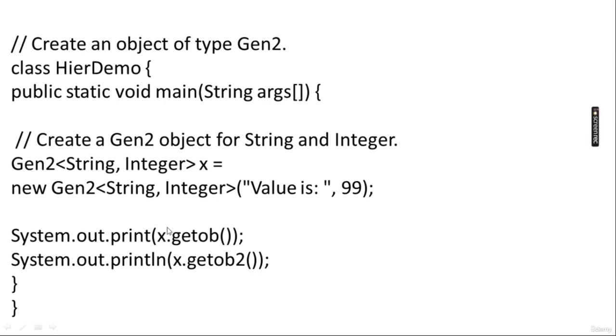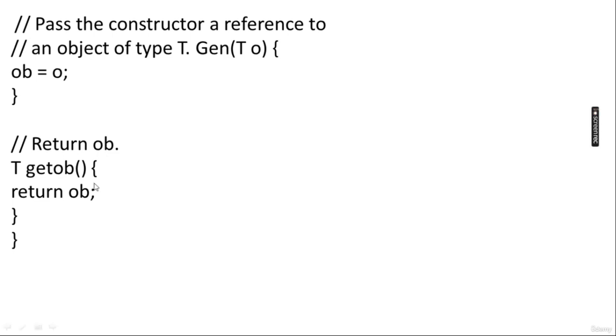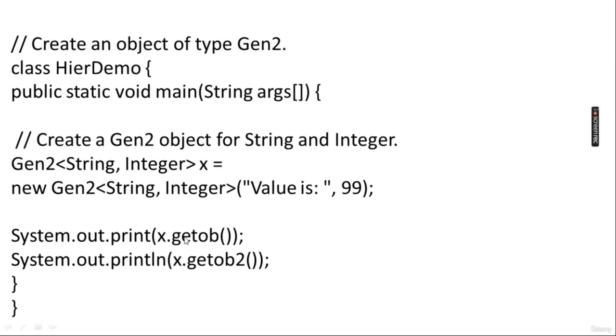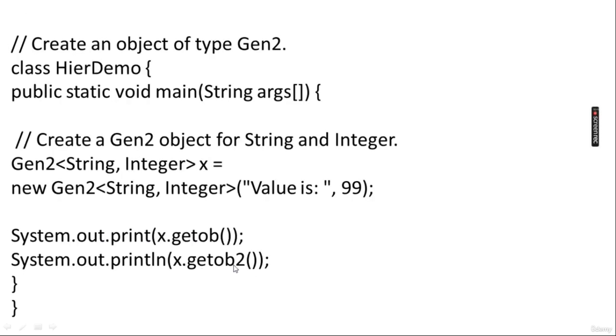Now we will print x.getObject and x.getObject2. So x.getObject will print this one, a return object of type String, so "value is" will be printed, and after that 99 is printed from getObject2, which returns object2. What is the object2 type? It is Integer, so Integer 99 is printed over here.